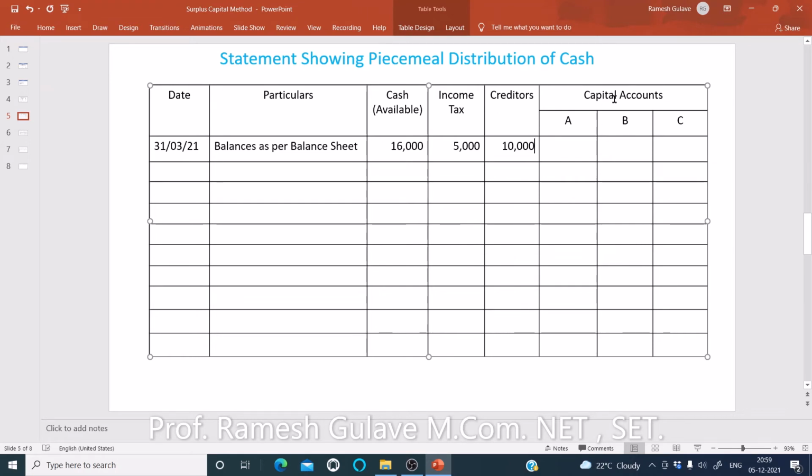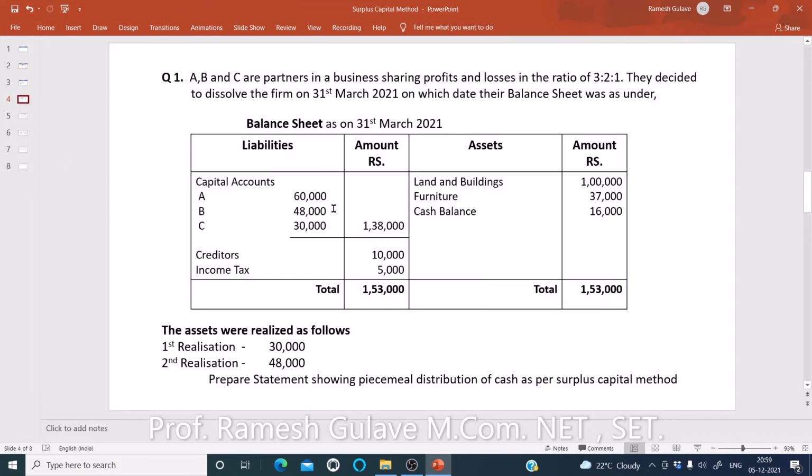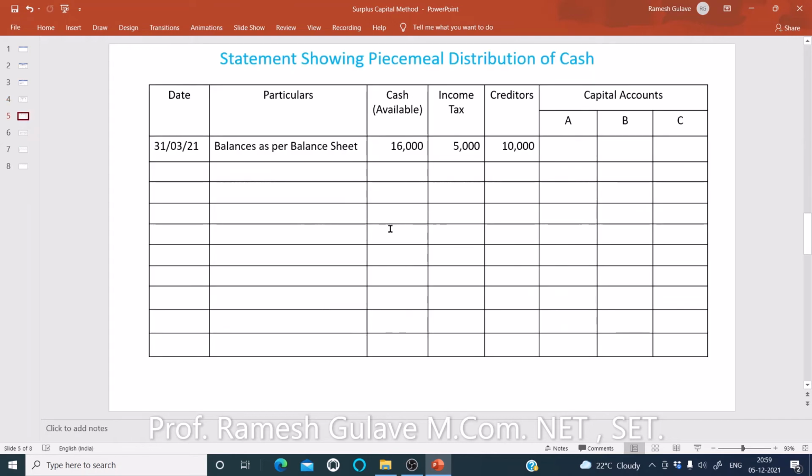Right, now we have to record the capital balances of the partners. So here we can see A's capital is 60,000, B's capital is 48,000, and C's capital is 30,000. So here we'll record the capital balances as A's capital 60,000, then B's capital 48,000, and C's capital 30,000.